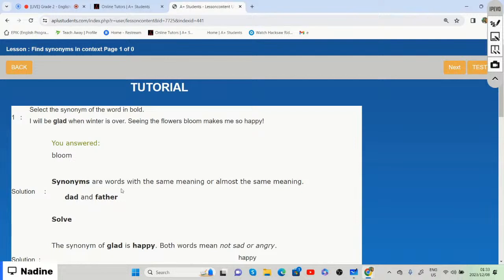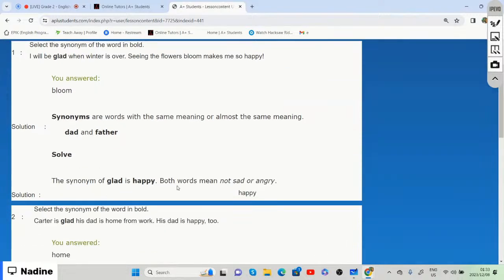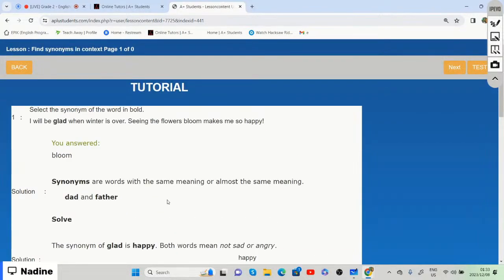It can be any other word, because when it comes to synonyms, there's usually a list of synonyms and a list of antonyms, which you will find out in the next lesson.